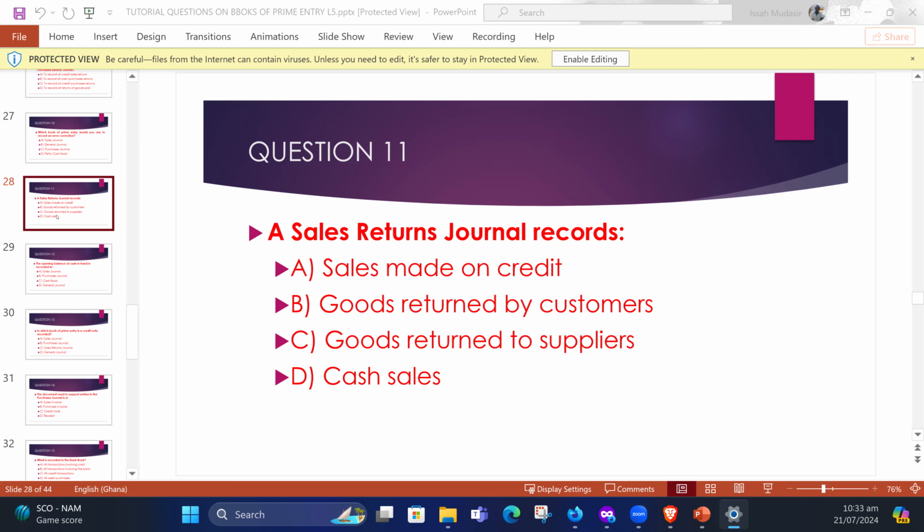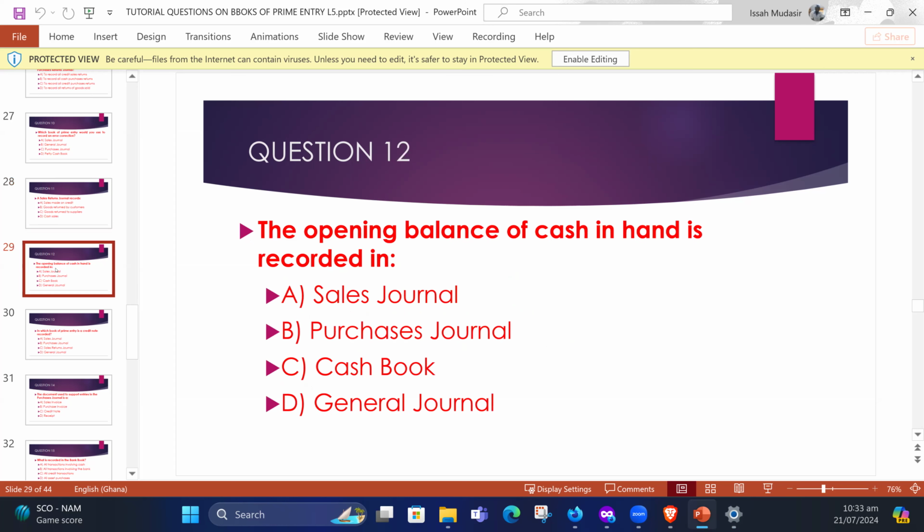Question 11. Question 12. The opening balance of a cash in hand is recorded in, is it A, is it B, or C, or D?